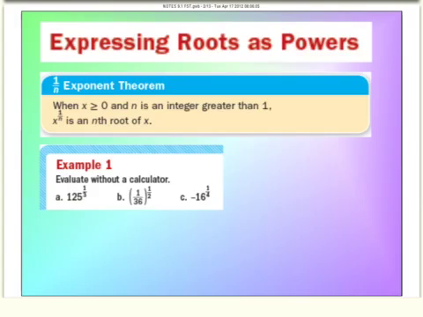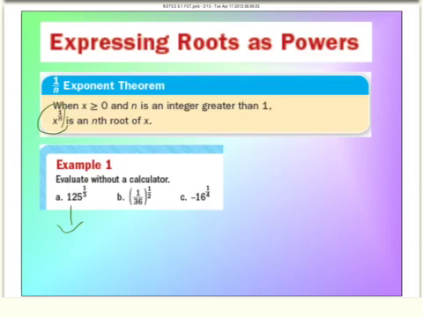Now, we looked at what the radical format looks like. We can also look at the exponential format. And here's what the theorem says: when x in this particular format is greater than 0 and n is an integer, then x to the 1/nth is the nth root of x. And all this means is this. What is 125 to the 1/3 power?